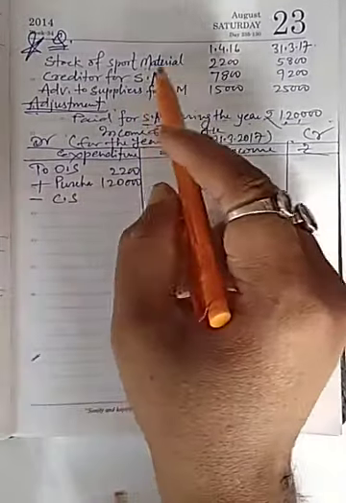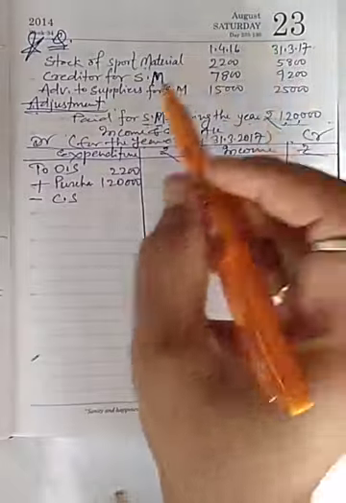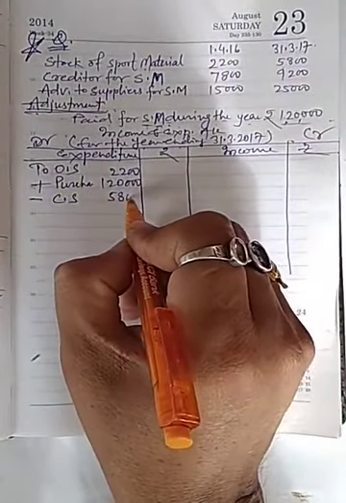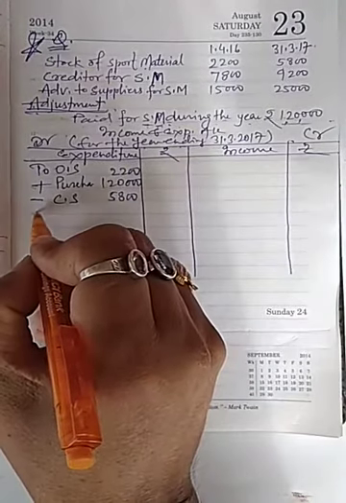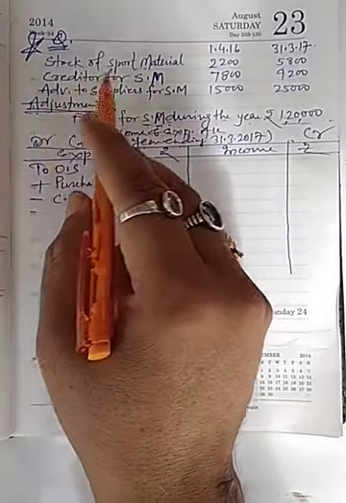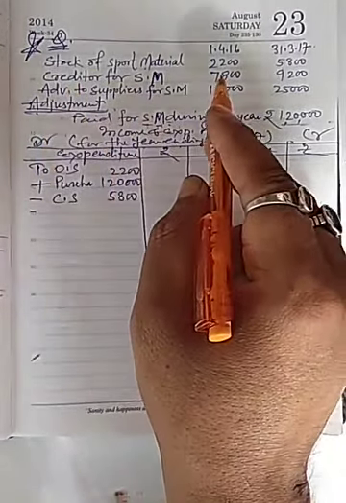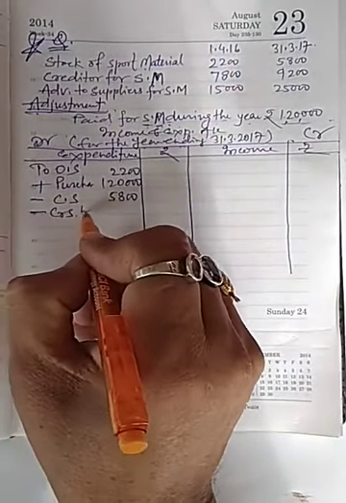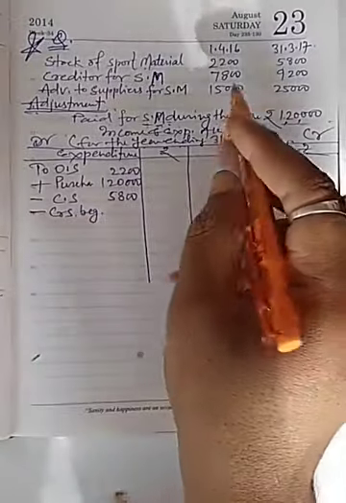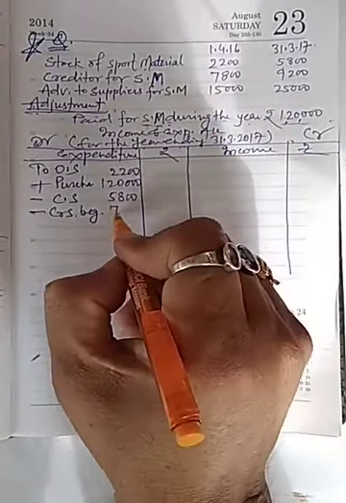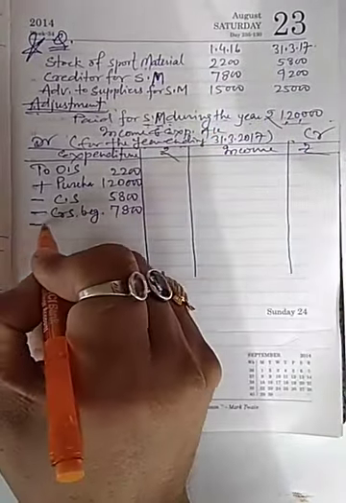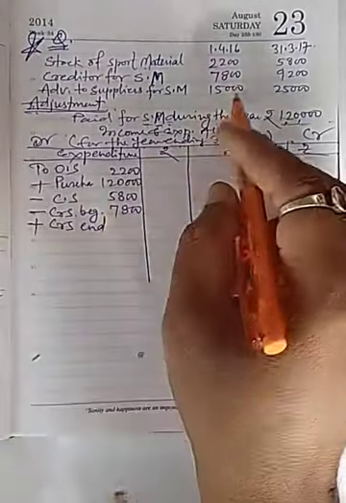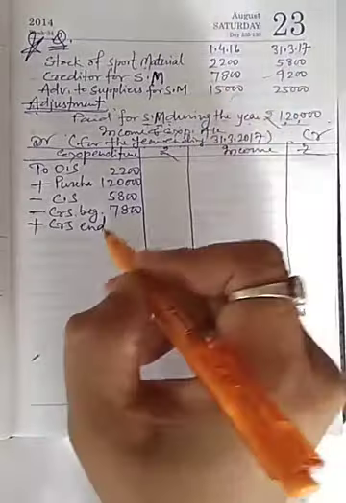CS means closing stock, given as 5,800. Now creditors for sport material 7,800 at the beginning. So minus creditors at the beginning of the year, 7,800, and add creditors at the end of the year, given as 9,200.